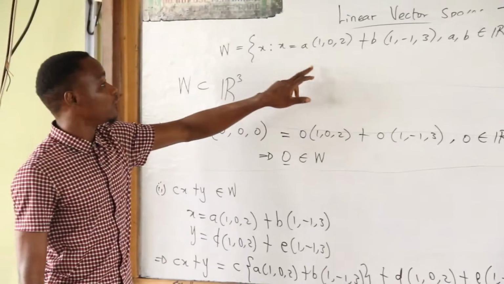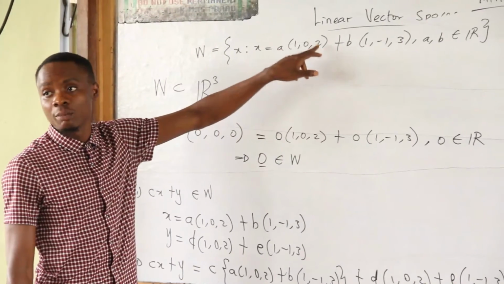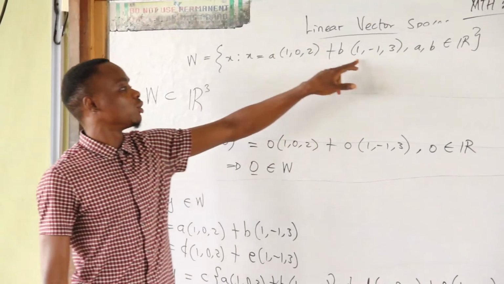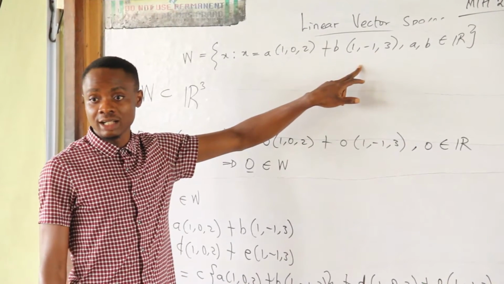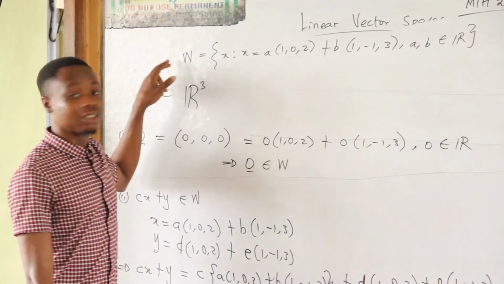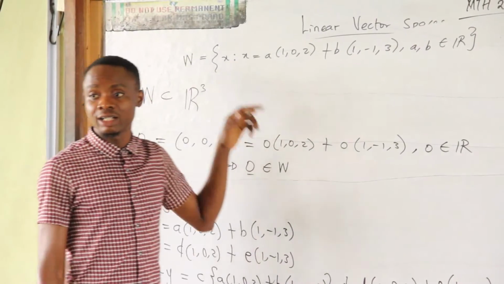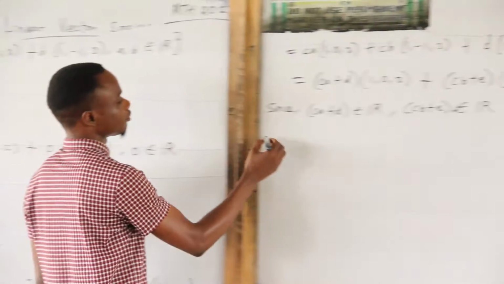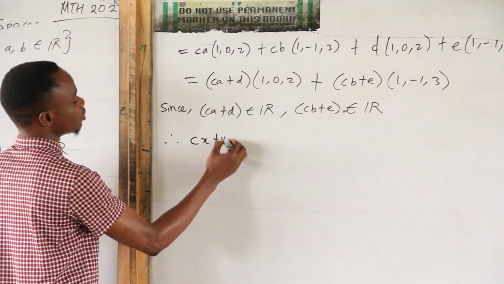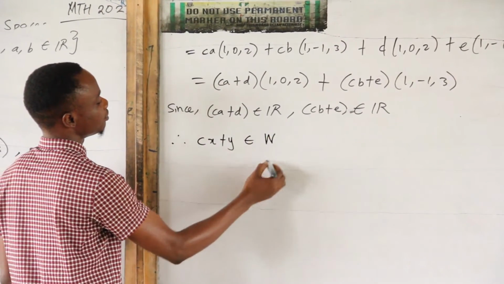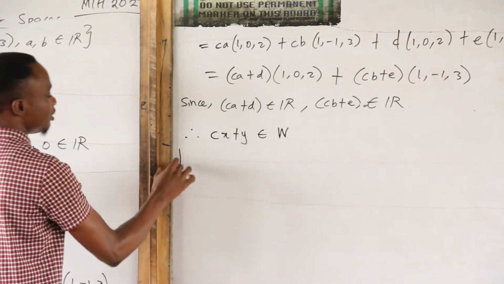The coefficient of (1, 0, 2) has to be a real number, and the coefficient of (1, -1, 3) has to be a real number. Once they are real numbers, then they are elements of this set. Therefore, Cx plus y is an element of W.